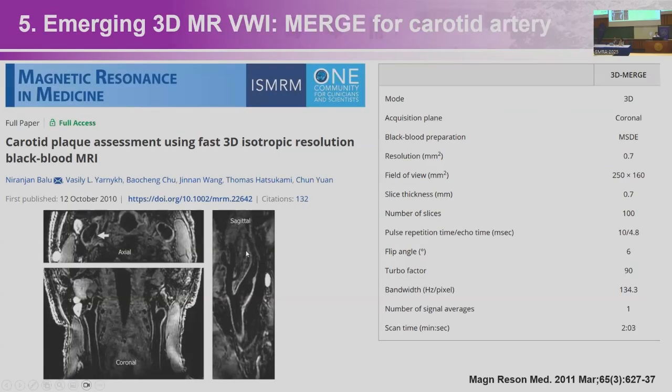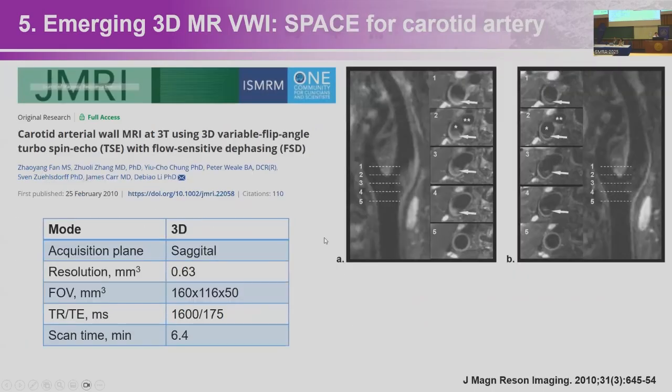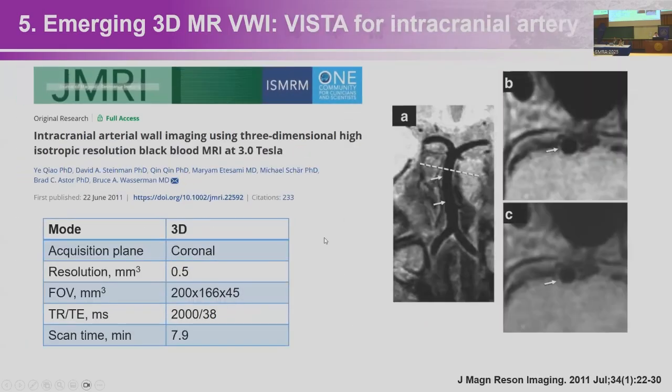Previously, 3D vessel wall imaging, such as the 3D MERGE sequence, the SNAP imaging sequence, and SPACE or VISTA or CUBE or MATRIX, these imaging sequences have been largely utilized to characterize atherosclerosis in the carotid artery or intracranial artery.